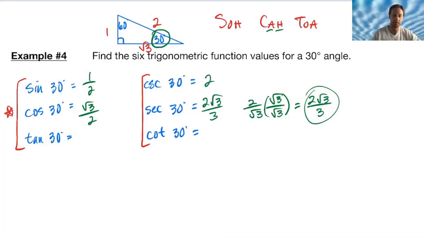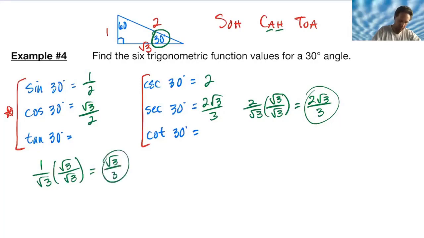And then tangent, remember, is the opposite over the adjacent. And so for us, that means we would have to do one more time a rationalizing of the denominator by multiplying by our fancy 1 to get root 3 over the square root of 9, which is 3.